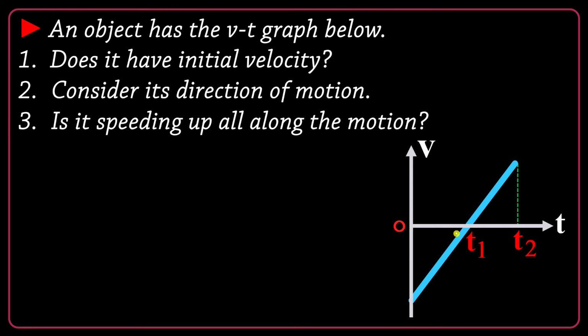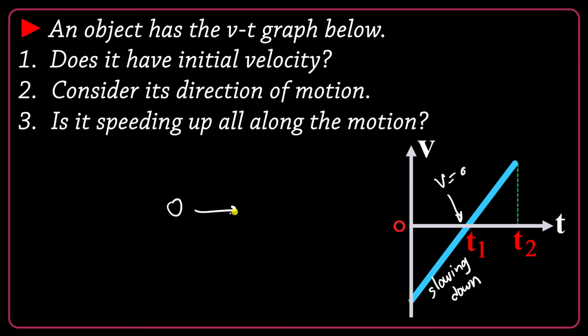Question 3. Is it speeding up all along the motion? How can we know if the object is speeding up or slowing down in a VT graph? It's very easy. When the VT graph is approaching the t-axis, it is slowing down. So at the beginning, it's slowing down. The reason is evident, because here the velocity is 0, okay?